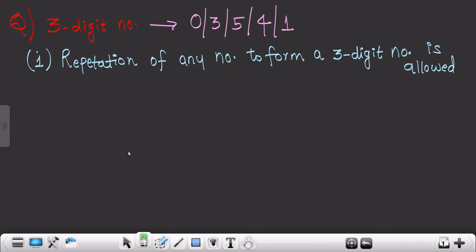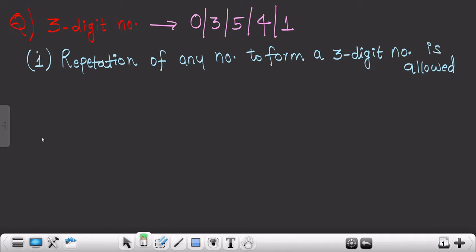So it's my request, first you should try on your own, and then I will come to explain this concept. I hope you tried your best to solve this numerical, and you might also have got a wrong answer.